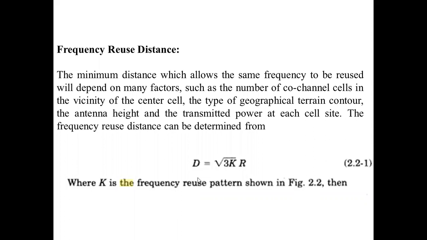This is given by the formula D equals the square root of 3kR, where R is the radius of that particular cell.